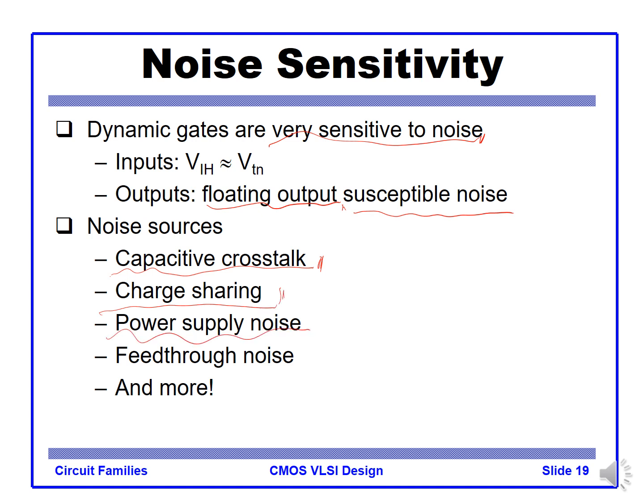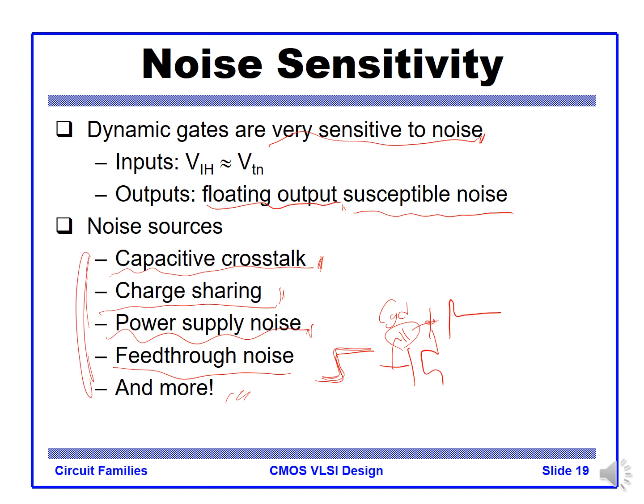Also, power supply noise and feed-through noise. For example, we always have a capacitor CGD. If the input changes, feed-through will happen. The output will be affected by that feed-through capacitance, right? And there are lots more we can think of. So the domino is very sensitive.